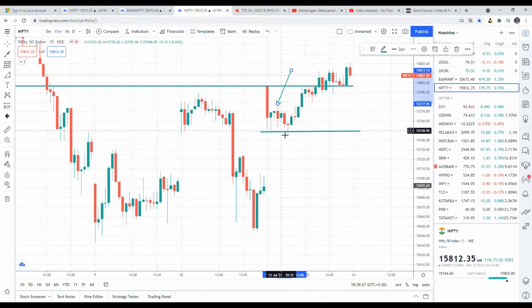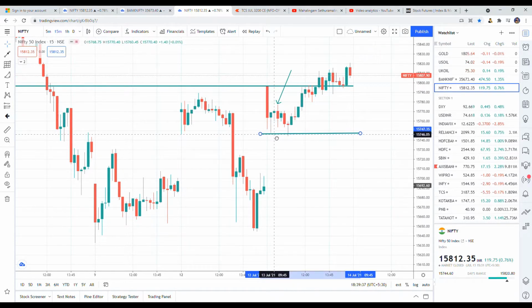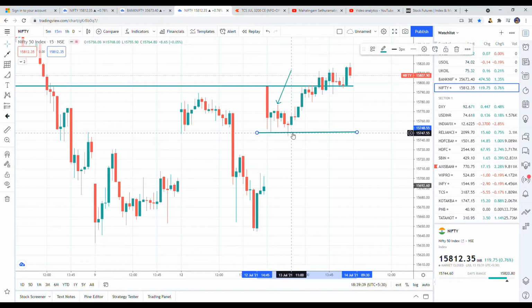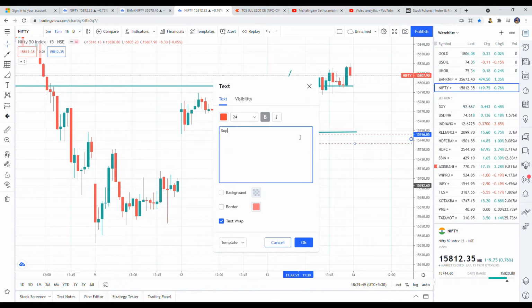So this is your candle where the sellers are in a strong position and the price is moving to the low of the 30 minutes trade. See, there is no close below this candle, below this trend line. Okay, so this will be your support area.